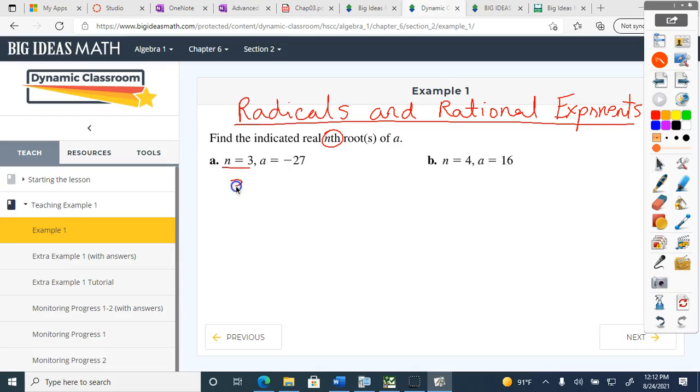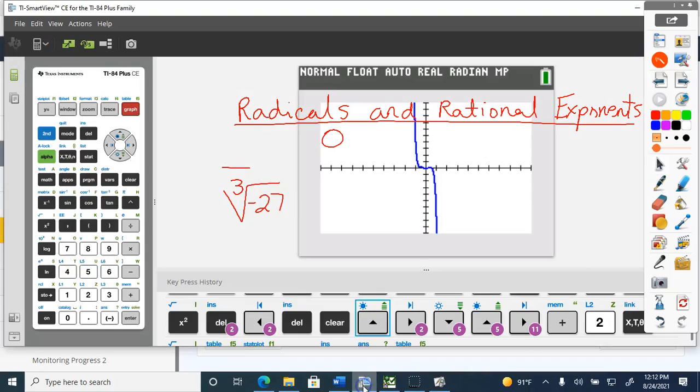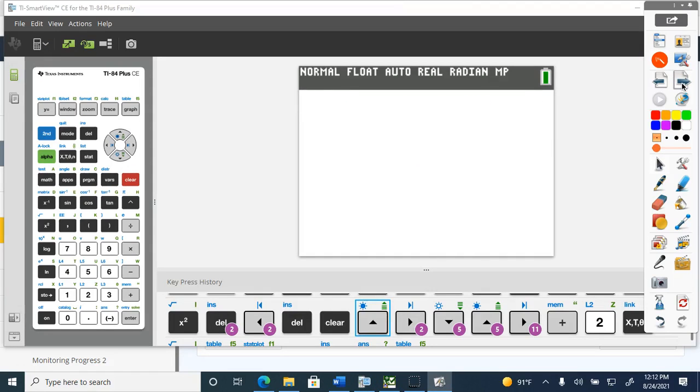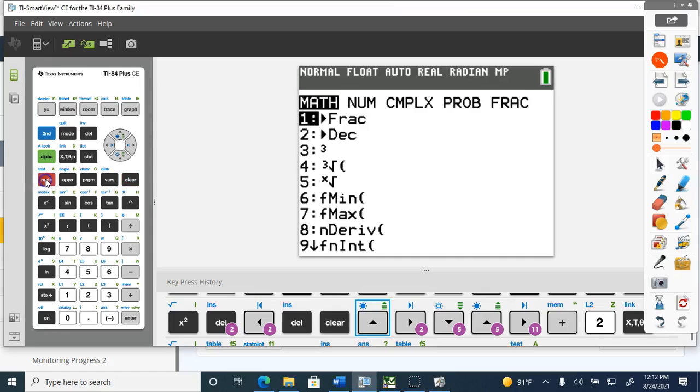So you put the cubed root of negative 27 in your calculator. Now, how do you get there? Clear all that out. Hit math, and it is the fourth one down.